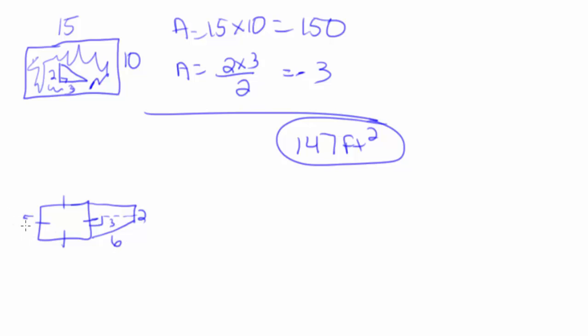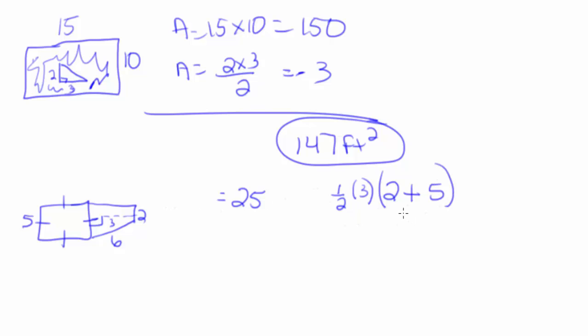Okay, so we know the area of this square is just 5 times 5, which is 25. And then the area of the trapezoid, remember, is 1/2 the height. Which one's the height? It's the 3. And then times the bases. Well, what are the bases? 2 and 5. So that 6 isn't needed.